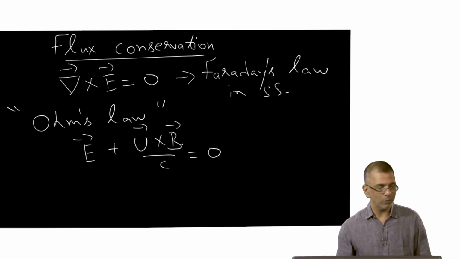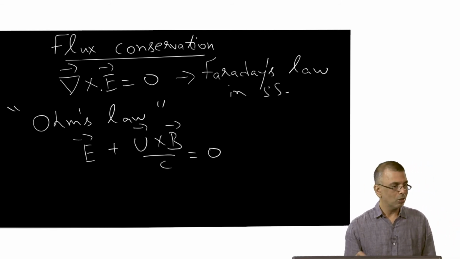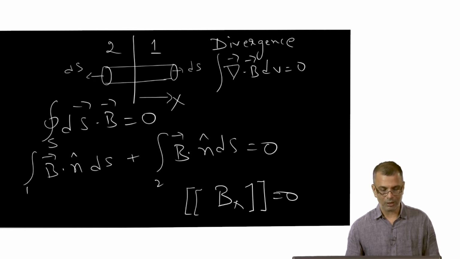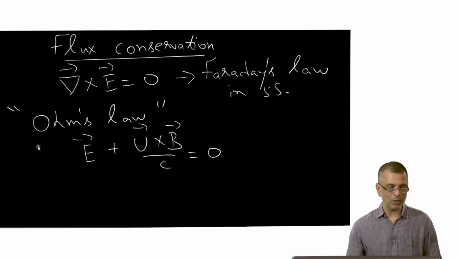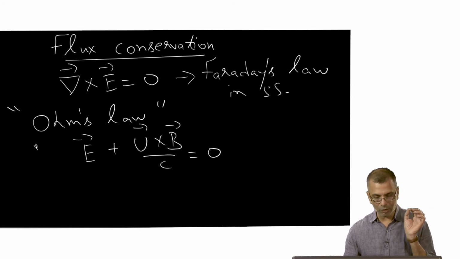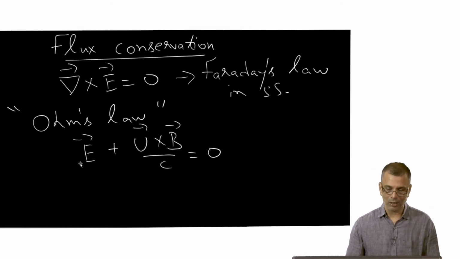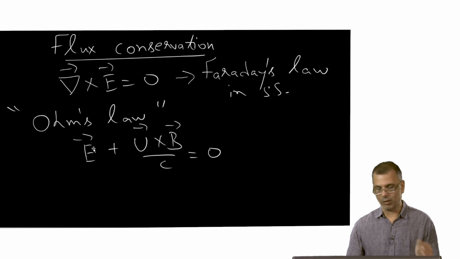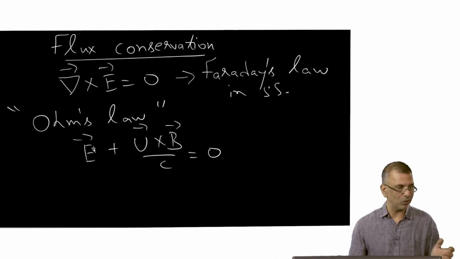So now what we do is we integrate this over a thin strip including the shock, just like this. What we are saying is that the component of E tangential to the shock must be continuous. That's what it boils down to.